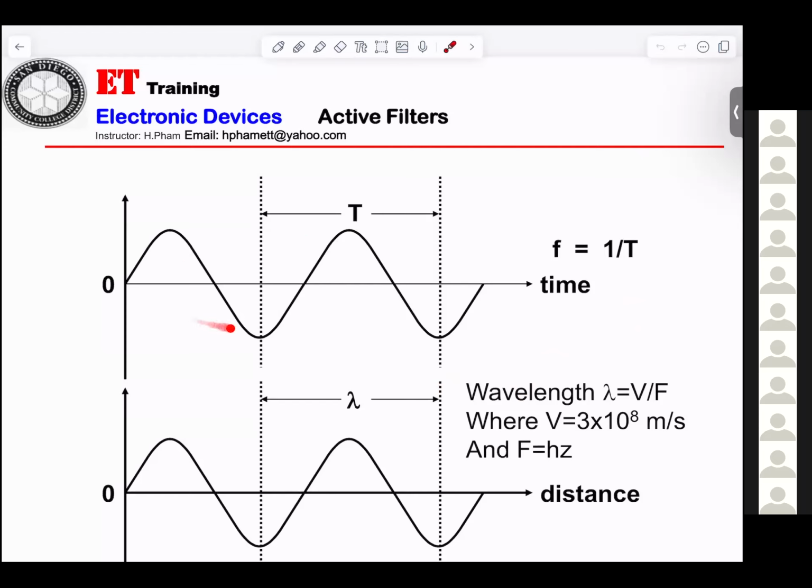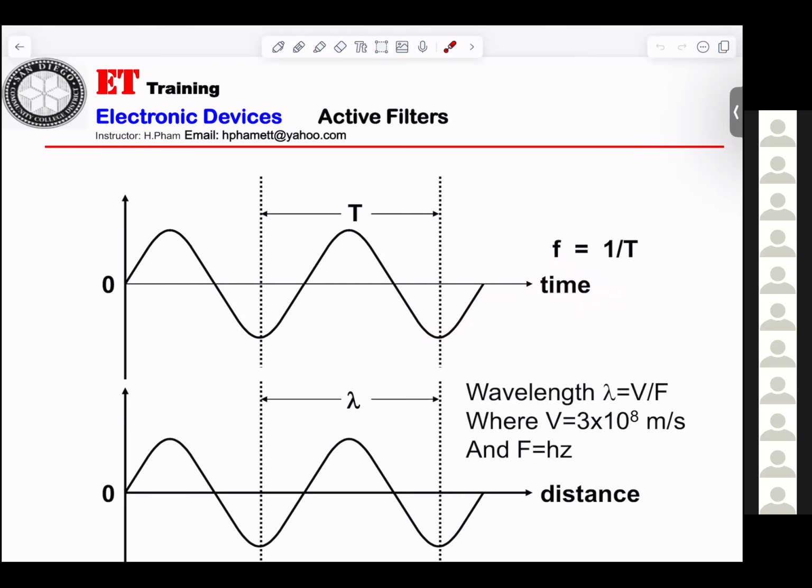On this one here, we call a time domain. You understand what that means for time domain? That means the signal vary with the time. Okay, so that can be second, millisecond, microsecond, the time.